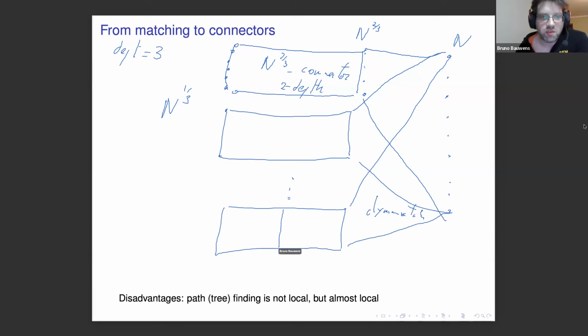By the way, I forgot to tell, for one depth connector, we take a fully bipartite graph. So here we have all connections. And so here we get depth 3. And here we have recursive applications. So this is not all connections.